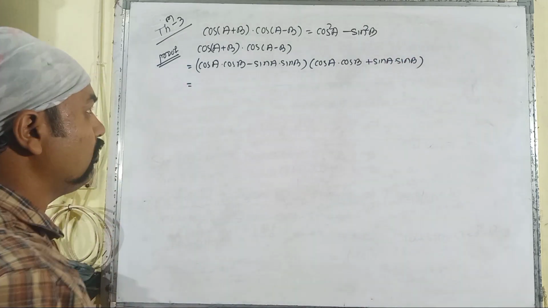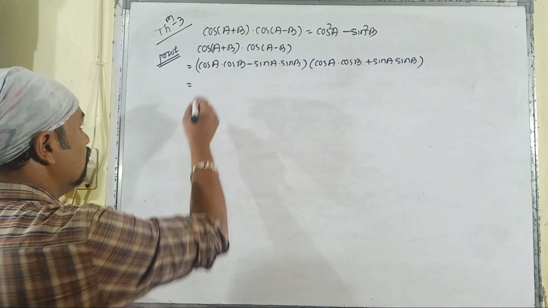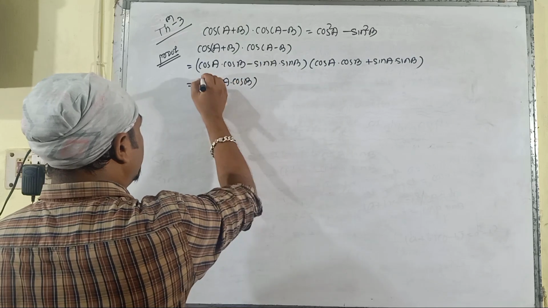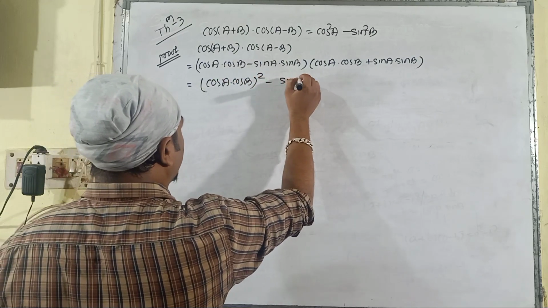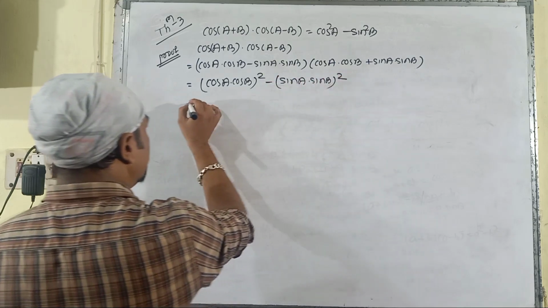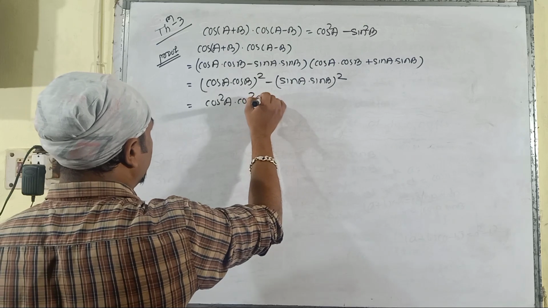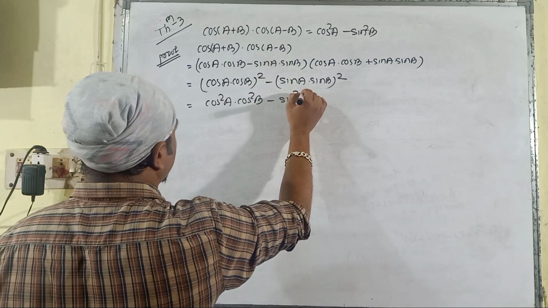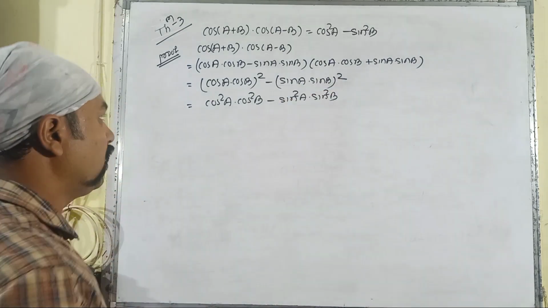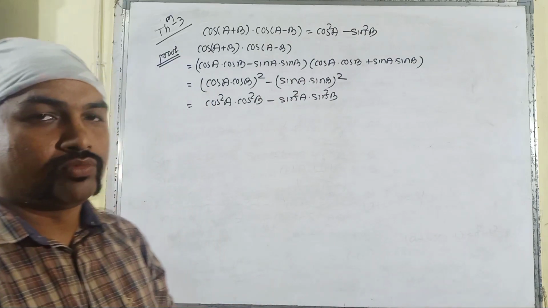Again, by applying the same algebraic identity as we applied in theorem number 1, we get the whole square of cos A into cos B minus the whole square of sin A into sin B. So it will be cos square A into cos square B minus sin square A into sin square B. But we need cos square A and sin square B in the result.